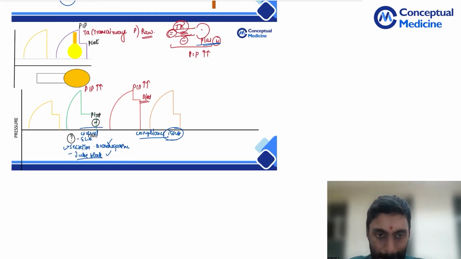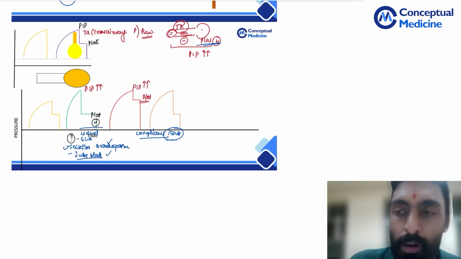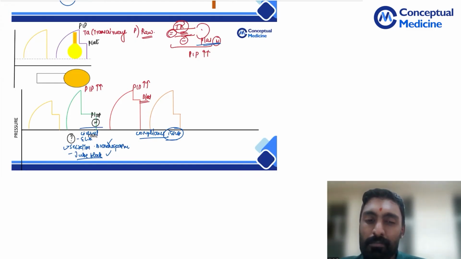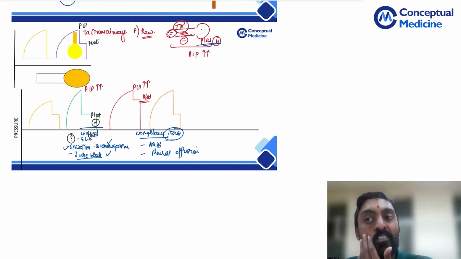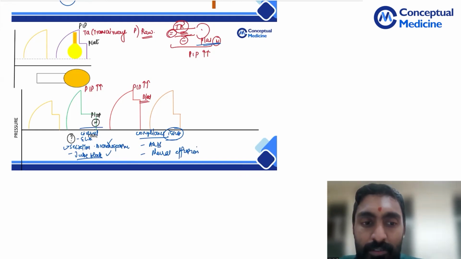So you can have things like ARDS, you can have pleural effusion. All of this is going to cause a compliance issue. Once you have understood this, causes for this can be asked.